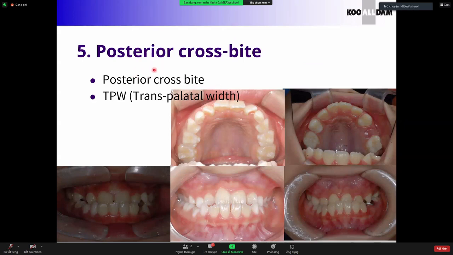Fifth, you should check posterior crossbite. In class 3 malocclusion, we can also see posterior crossbite, and you should also check for a narrow upper arch. How can we measure the narrow upper arch? This is TPW, transpalatal width.